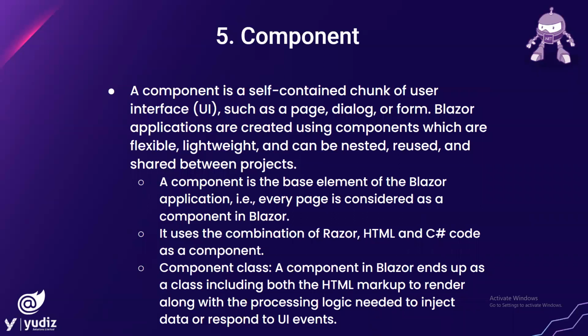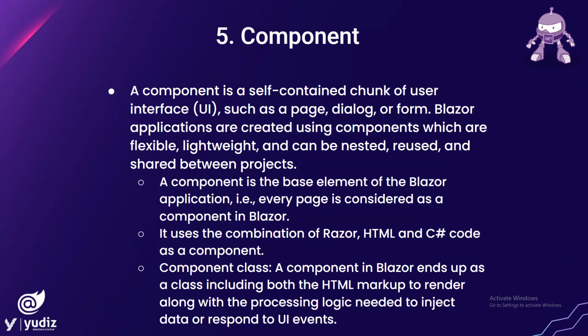We covered data binding and routing. Let's see the component part. A component is a self-contained chunk of user interface, such as a page, dialog, or form. Blazor applications are created using components, which are flexible, lightweight, and can be nested, reused, and shared between projects.